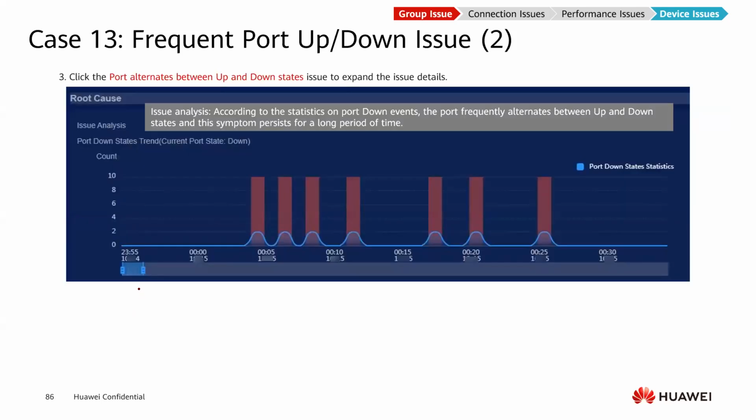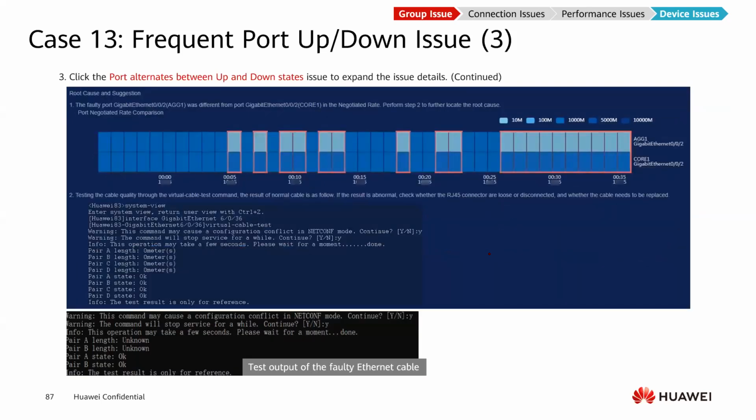You find that in this period of time, this specific port always has up and down issues. And it will show you how to locate the root cause and how to repair it by testing the cable.